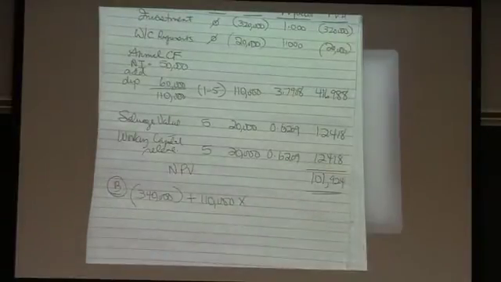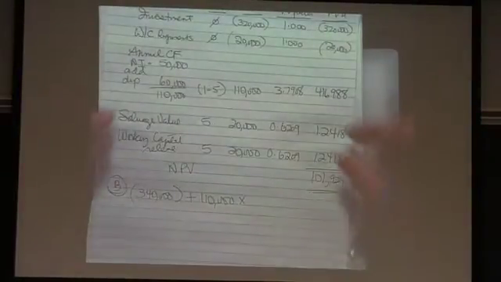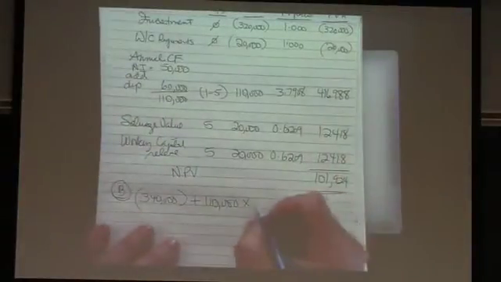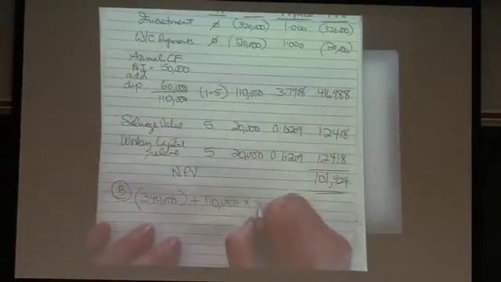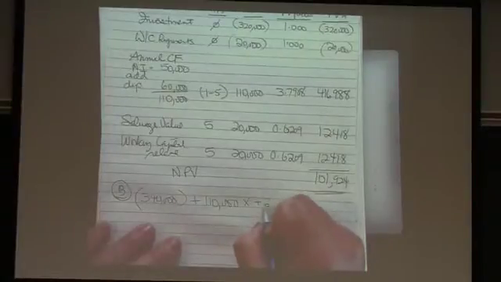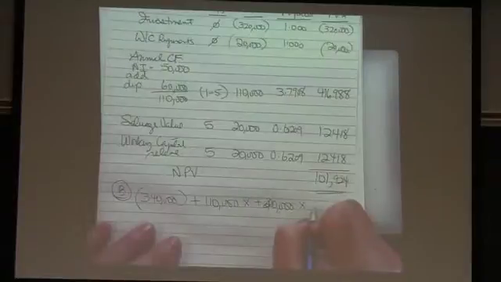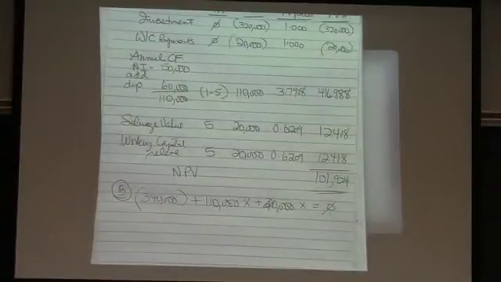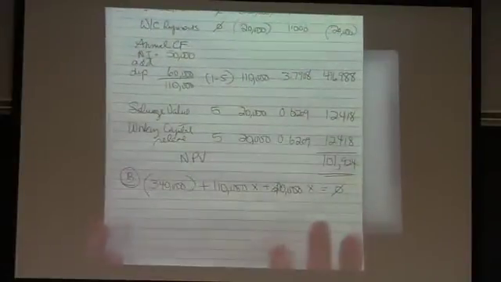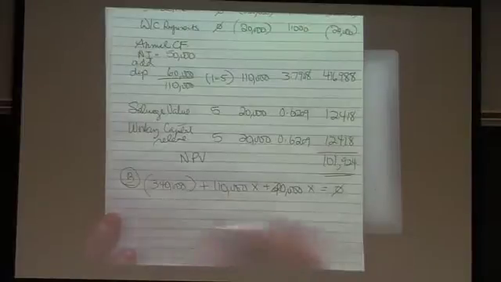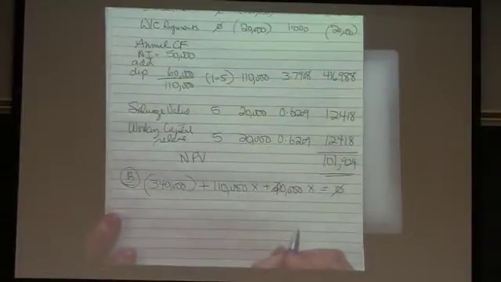Now, let's assume that this salvage value and working capital, because again, what we're going to do is we're going to probably do trial and error, right? So 40,000 times x, x being the factor, equals 0. So let's do trial and error. So I just want to do this equation for a minute, right?